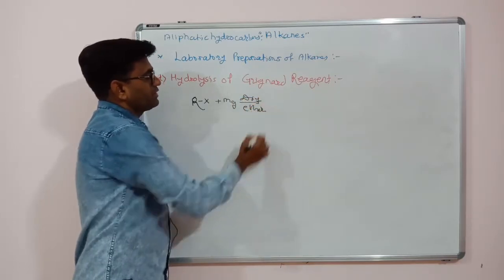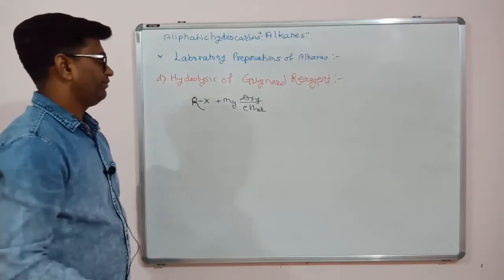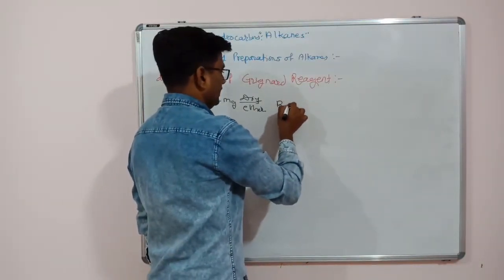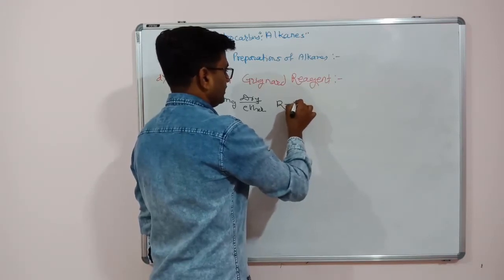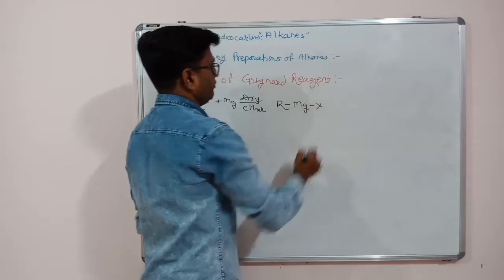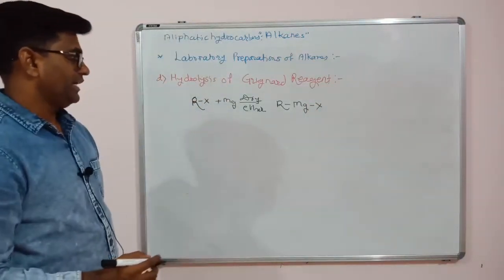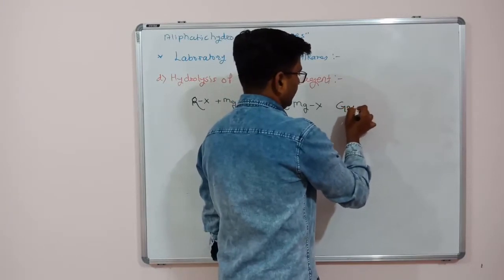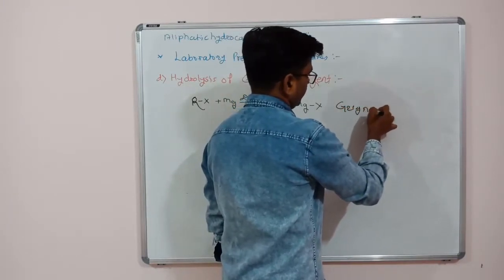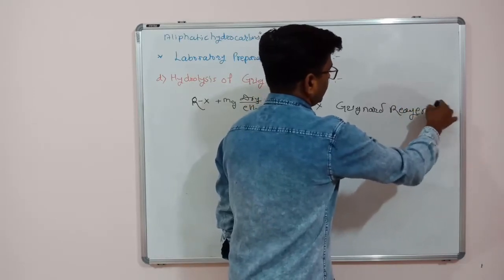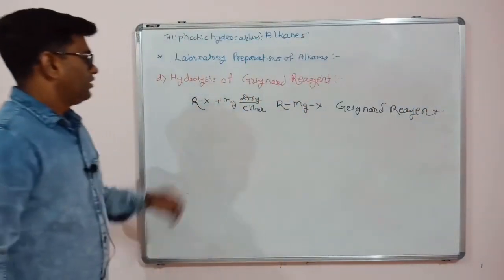Dry ether means in absence of moisture or water. So what will happen? There is a metallation of this alkyl halide. Metal will get inserted in between the carbon and halide bond and we will get RMgX, and this is called Grignard reagent.